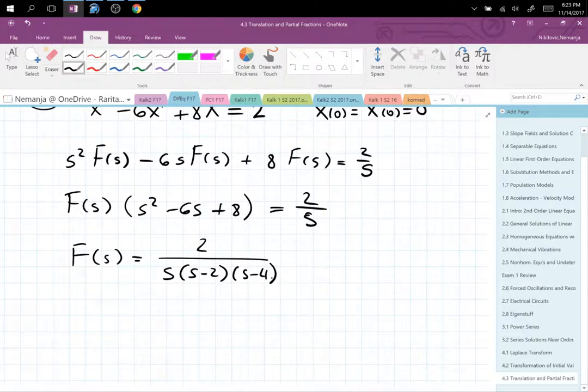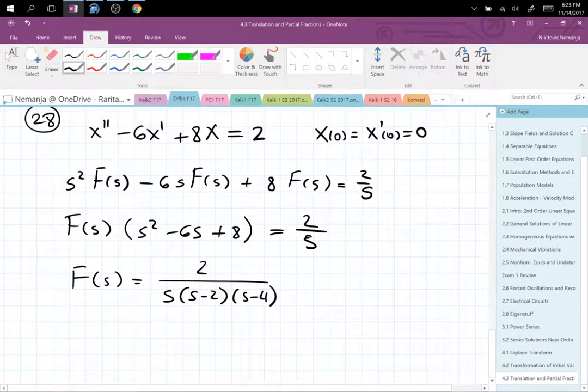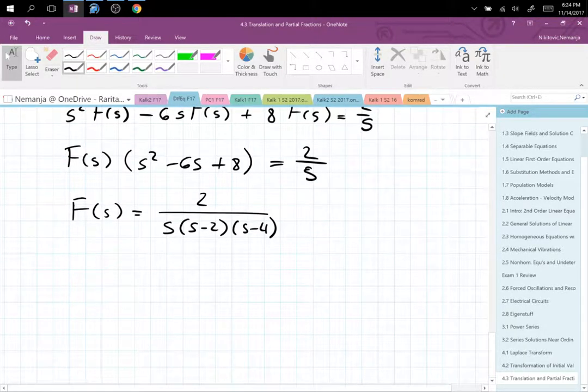I omitted all of the conditions because they're all equal to 0. We transform 2 into 2 over s, and then this one, when you factor it, you get s minus 2, s minus 4. Because they were multiplied on the left-hand side, they become divided on the right-hand side. And now crank partial fraction decomposition same way as we did in the previous example.